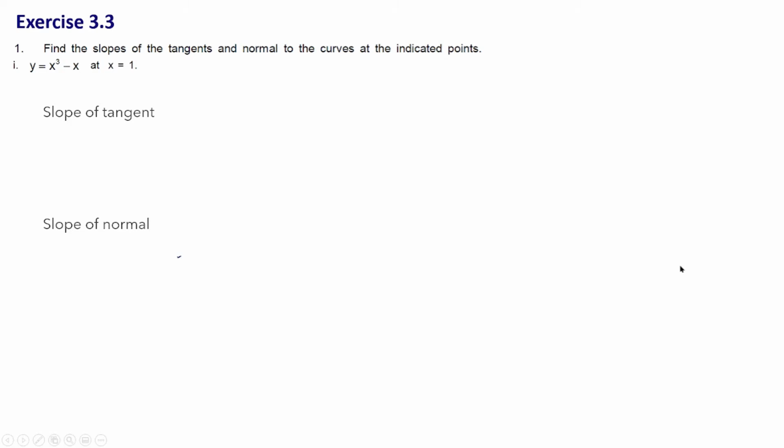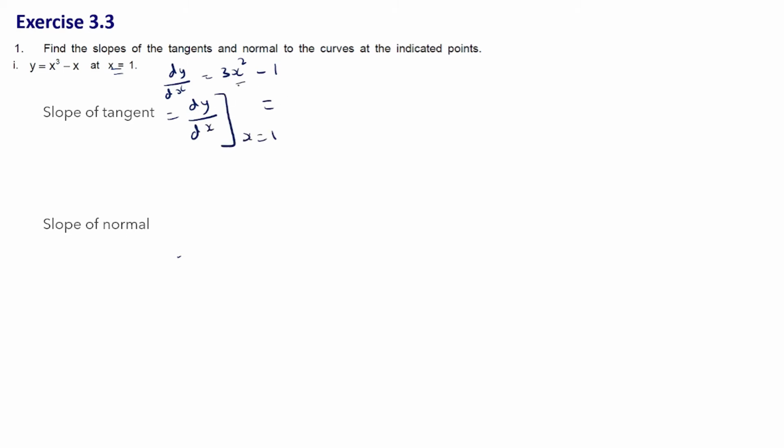Now let us solve the exercise questions. These are the questions from exercise 3.3. The first one: find the slopes of the tangents and normal to the curves at the indicated points. First one is y is equal to x cube minus x at x is equal to 1. Before finding the slope of the tangent, let us find dy by dx. So dy by dx is equal to 3x square minus 1. Now the slope of the tangent at x is equal to 1 is dy by dx at x is equal to 1.